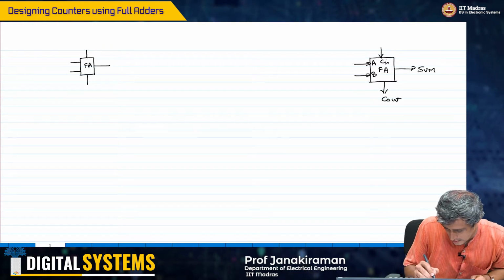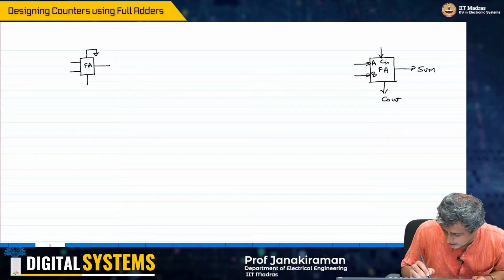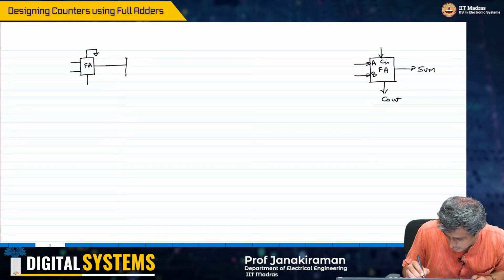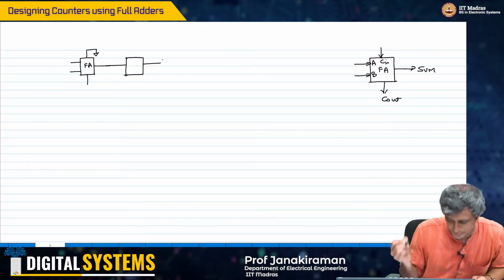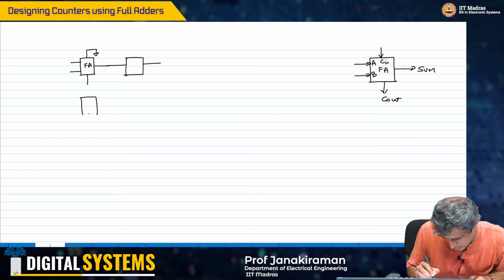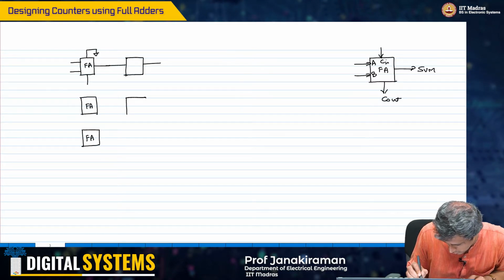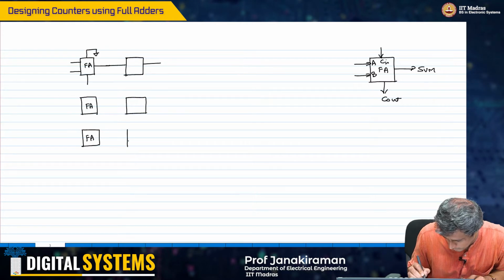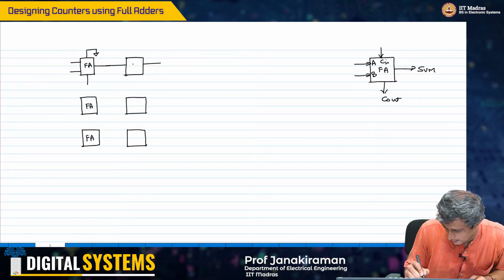So if I look at this, I'm going to ground this input because this is the A bit, and then I'm going to connect this to a D flip flop, right? I have three such things. Okay, this is my flip flop.